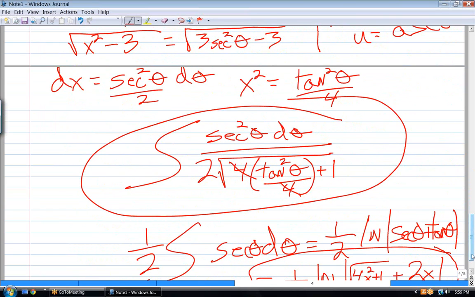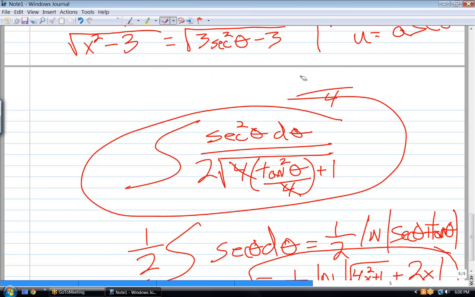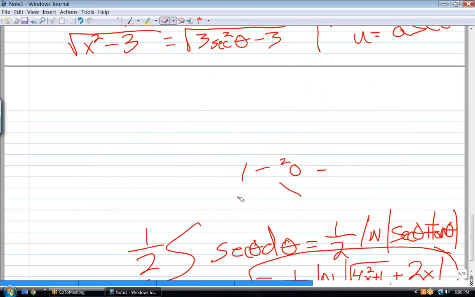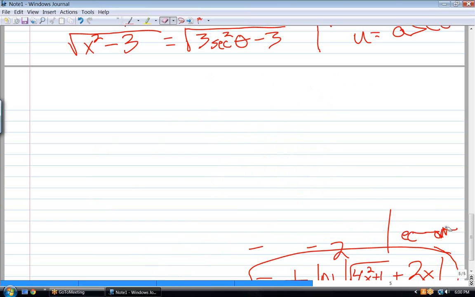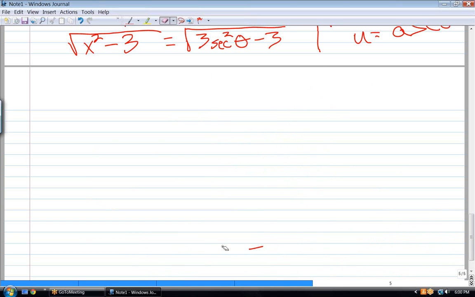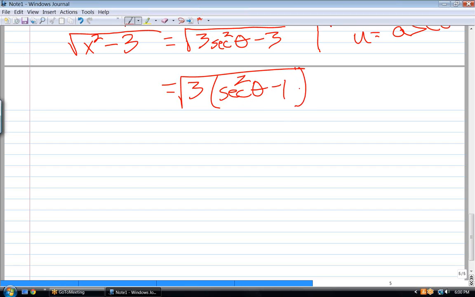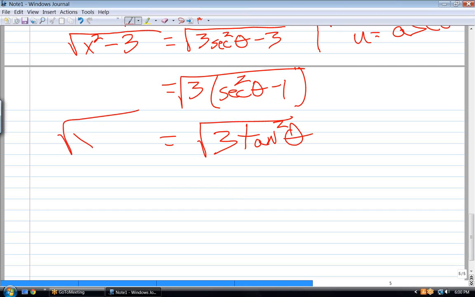That's the beauty of trig substitution, is you always can factor out a 3, convert it to tangent, take the square root of it. So this is equal to the square root of 3 times secant squared theta minus 1, which is the same as tangent squared theta. So now we got 3 tangent squared theta is that.